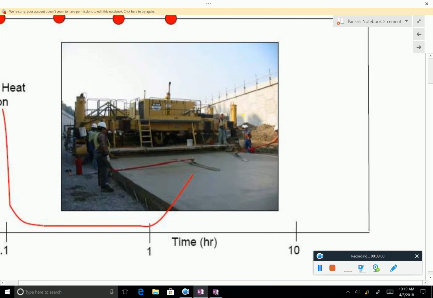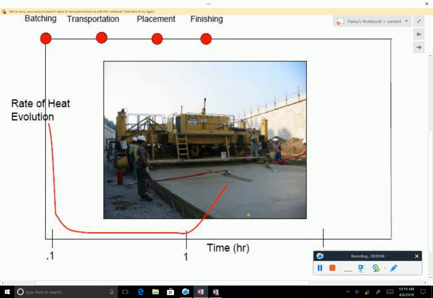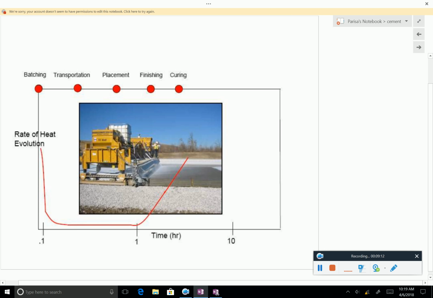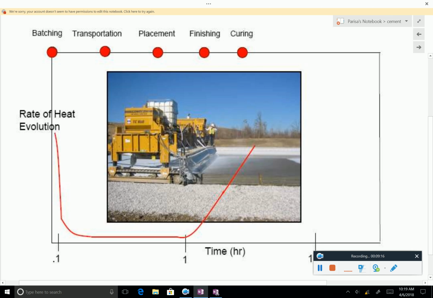And then when the initial set starts, you start basically finishing. That means you make the surface smooth, and then you do the curing, which means that you spray the material with water typically, as you may recognize in this picture.